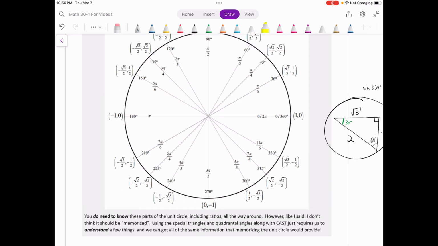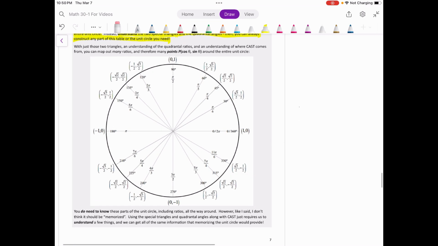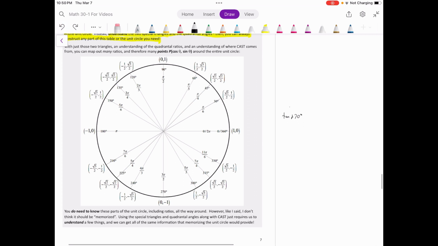But again, I don't just pull this out of my back pocket and know it right off the bat, right? If I'm given, what is tan of 270, I don't go, oh, well, tan of 270 would be y over x, so negative 1 over 0, so it would be undefined. I quickly just think 270 is down here, right? So my terminal arm is going to look like that. I could take a point on it.